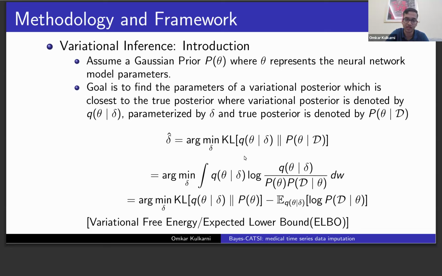the KL divergence between the variational posterior and the true posterior. So when we expand this, we get the following integral. When we further simplify this expression, we get this final expression, which is basically the KL divergence between the variational posterior and the Gaussian prior, and the likelihood cost. This expression is known as variational free energy or expected lower bound.